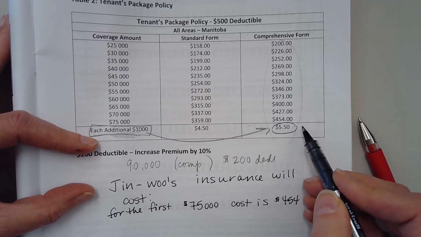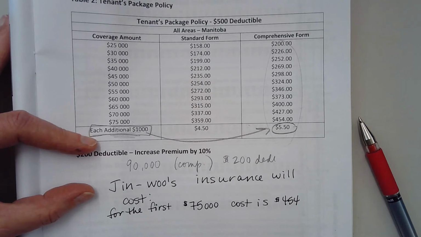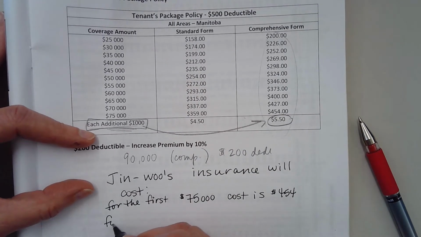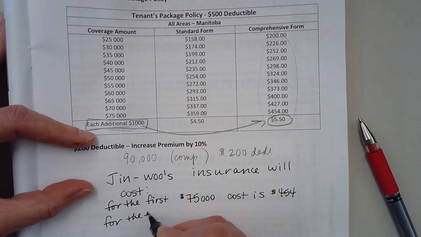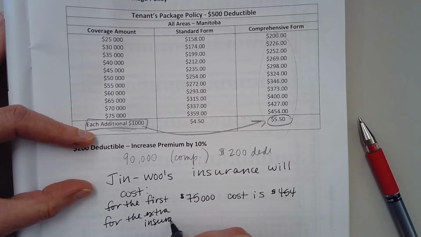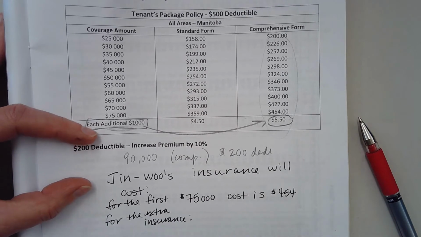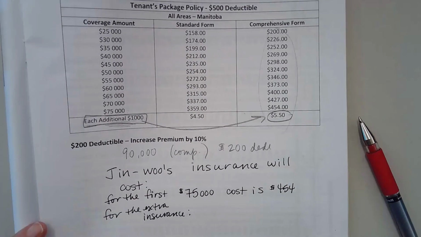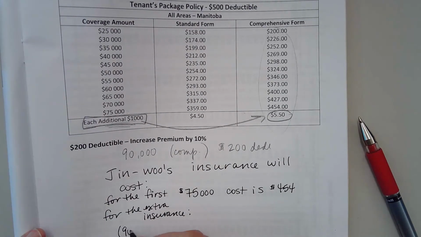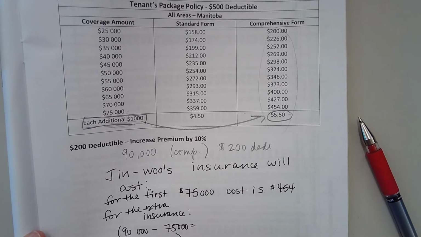Okay? Now, how much extra does he want? For the extra insurance, okay, what did he want? He wanted $90,000. So how much extra is that? $90,000, $15,000? Is that you, Mike? Thank you. Okay.